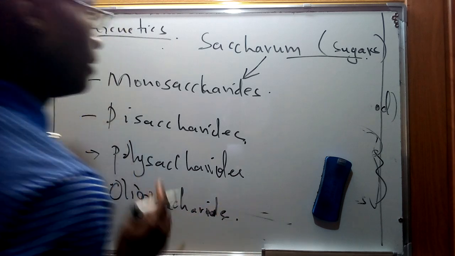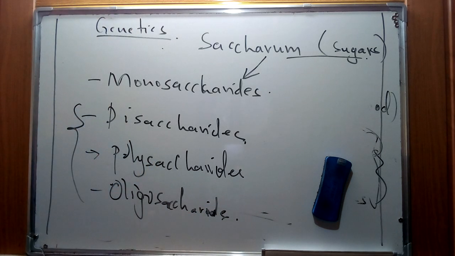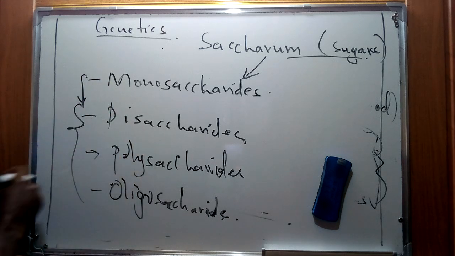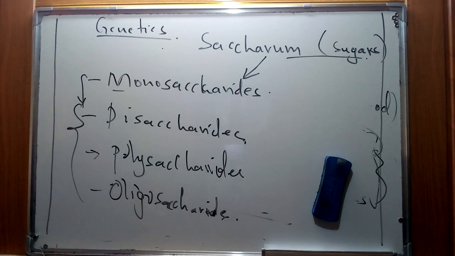So basically these three different classes of carbohydrates have different properties, but from monosaccharides through to the disaccharides, a polysaccharide is a build-up of monosaccharides which are joined together, perhaps having different characteristics at these two specific levels.